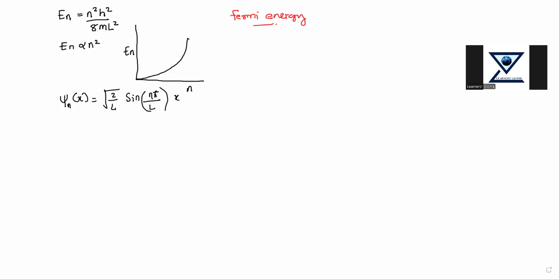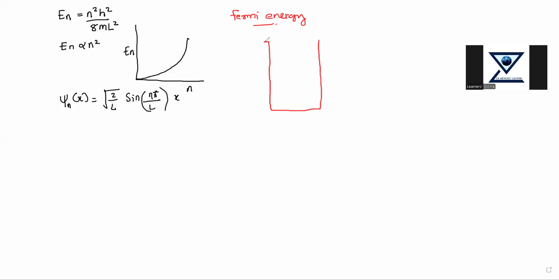Actually, Fermi energy is defined as the topmost filled energy level at absolute zero temperature. In the last class, based upon free electron theory, we discussed that the electrons are free to move. Let's consider there are n occupying states for an electron.